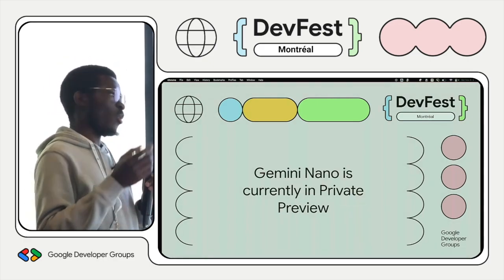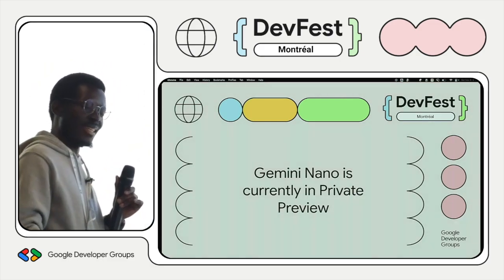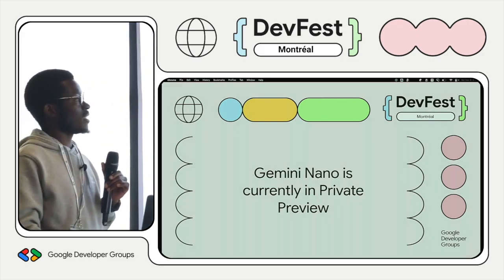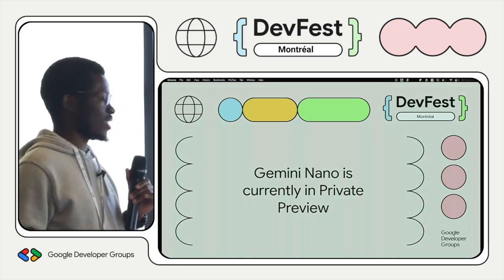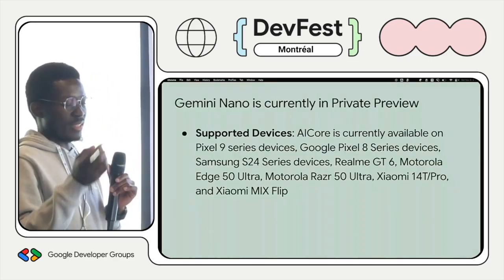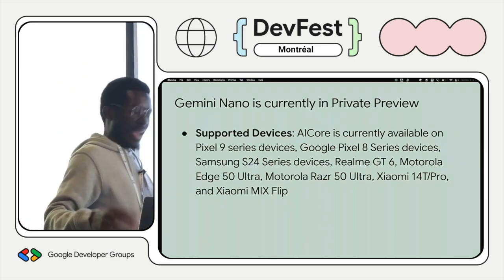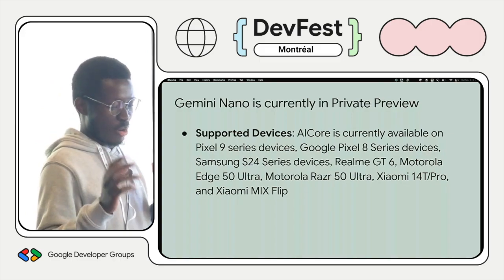Gemini Nano with AI Core can help you to do that, but currently it's only available in the private preview, which means that only a limited number of companies have access to it. Some of them, it's available on the Pixel 9 series and 8 series, the S24 series, some Realme and Motorola.